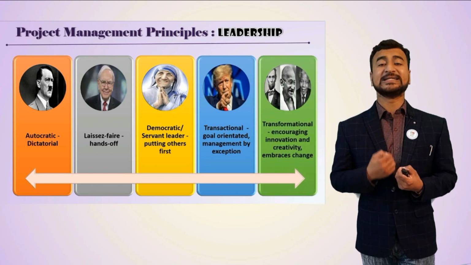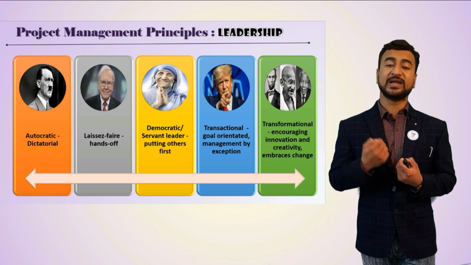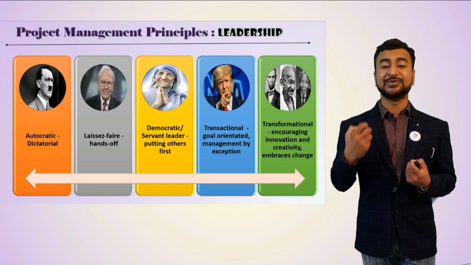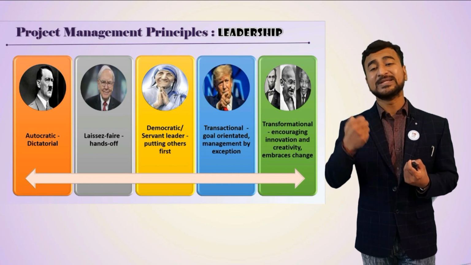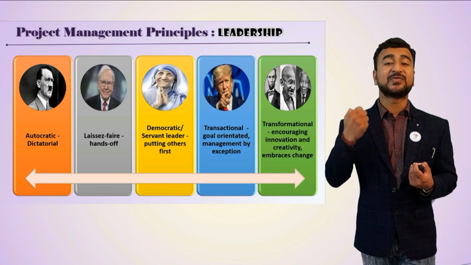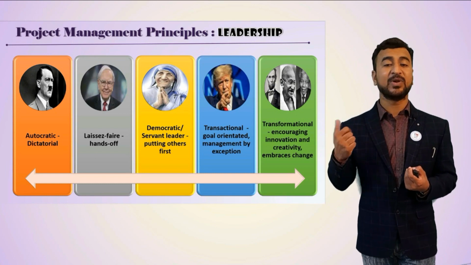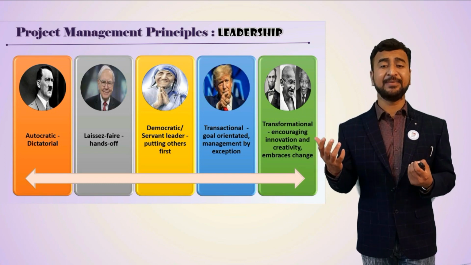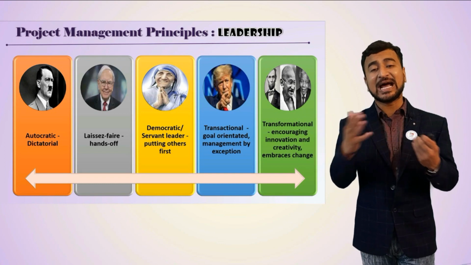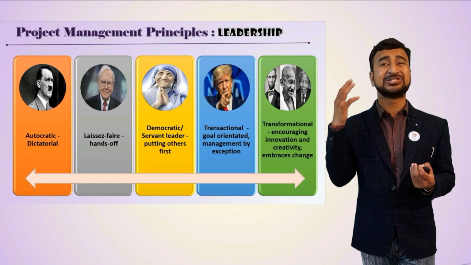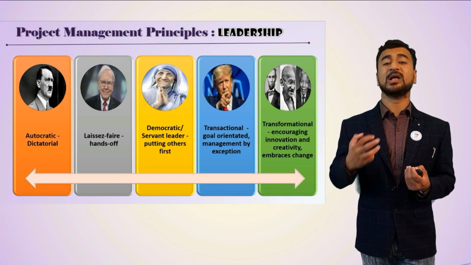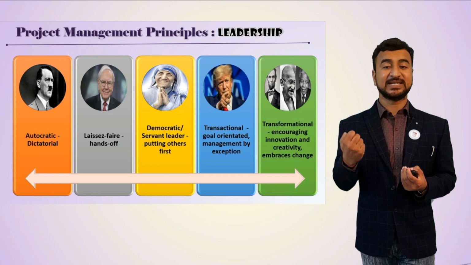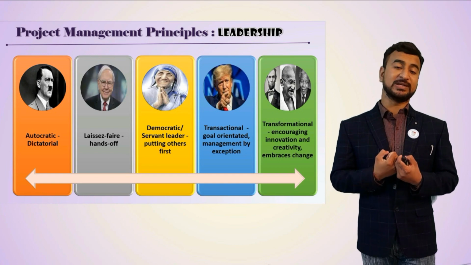And the fifth one is transformational leadership, in which leaders encourage, innovate and creatively enable change. They are the transformational leaders. A good example would be Mahatma Gandhi, Abraham Lincoln, Nelson Mandela and many more. They changed the entire landscape. They changed the mindset of the people. They are the change agents that we call transformational leaders.